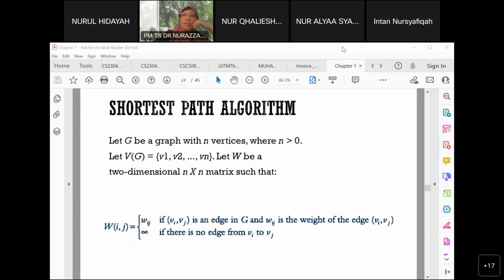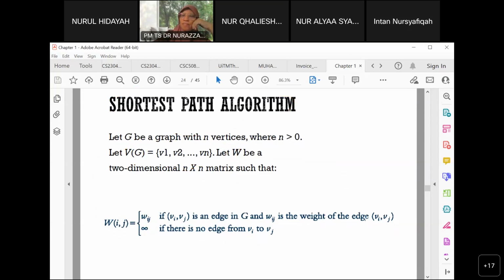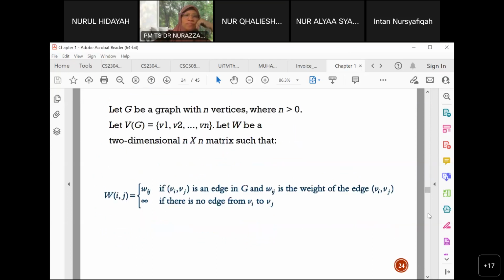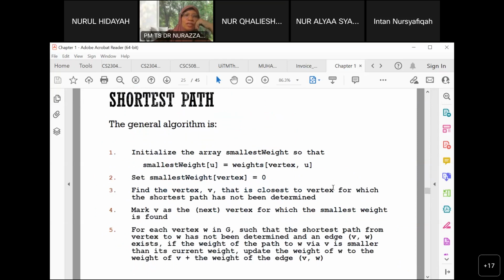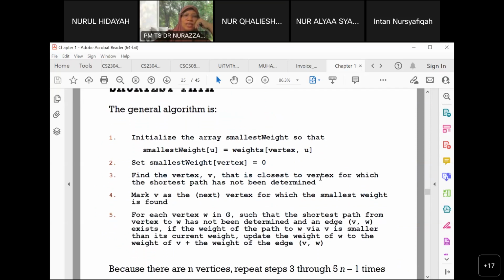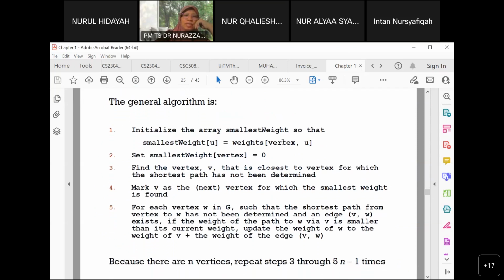Okay, so and then how does this Dijkstra algorithm works? Okay, let's see. Okay, the general algorithm is that first we initialize the array smallest weight.